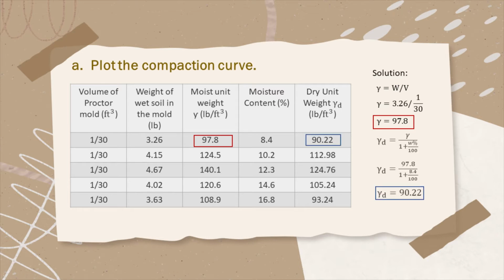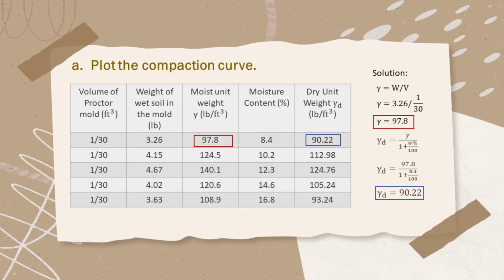And now we can solve for the dry unit weight, which can be solved using the calculated moist unit weight and our moisture content. The formula is dry unit weight equals unit weight over 1 plus moisture content over 100.